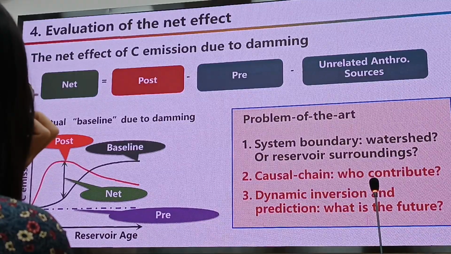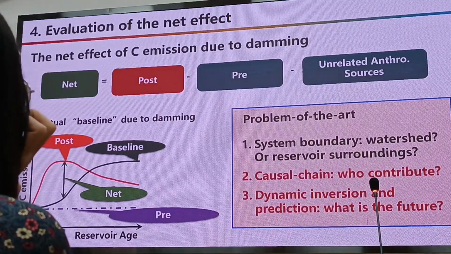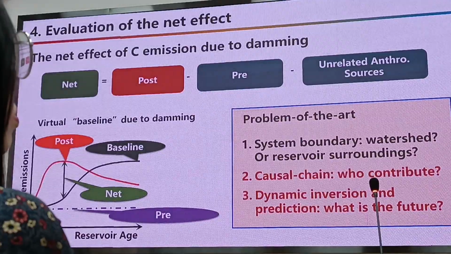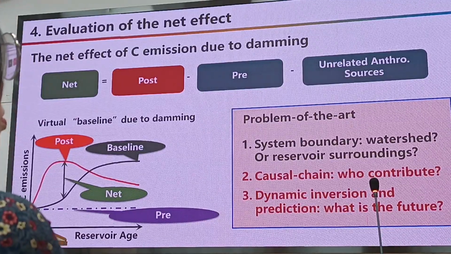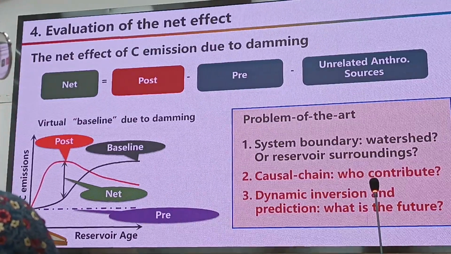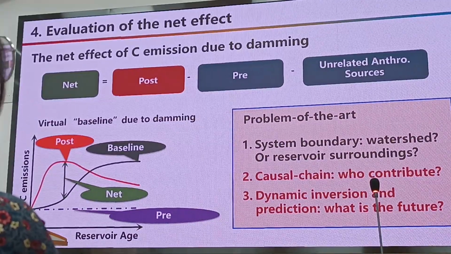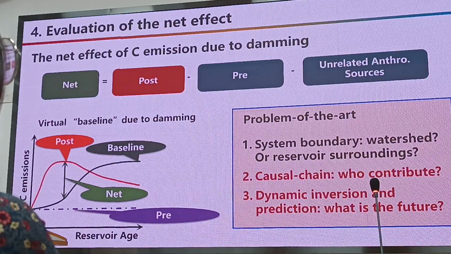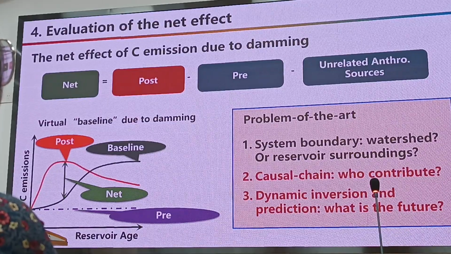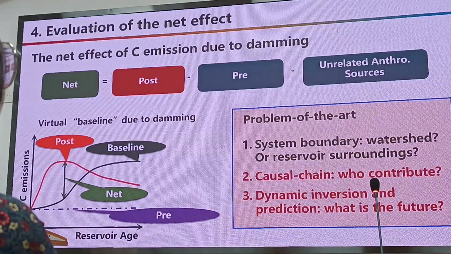What do we mean by unrelated anthropogenic sources? Like if you pee on the reservoir, that's unrelated, right? Because anthropogenic activity, for instance point or non-point sources, may create an extra emission in the reservoir.